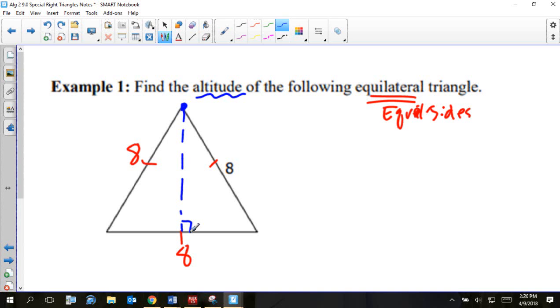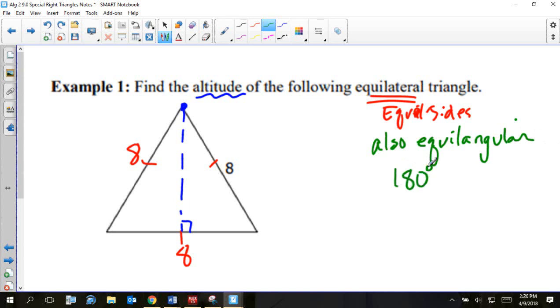Something else that you learn in geometry: if a triangle is equilateral, it is also equiangular. What's equiangular mean? All the angles are the same. So if we've got 180 degrees for the whole triangle, all 3 of them are the same. Each angle is what? 60 degrees.